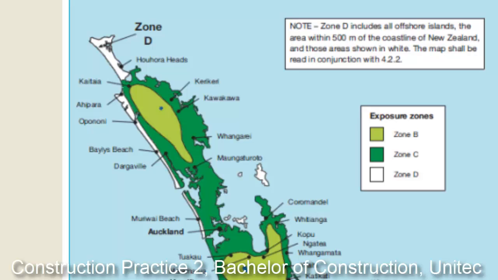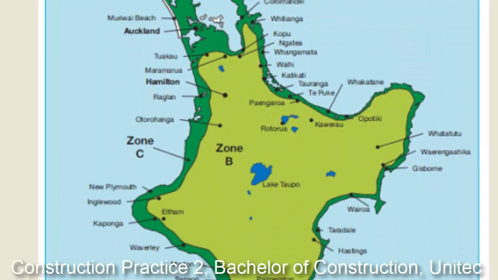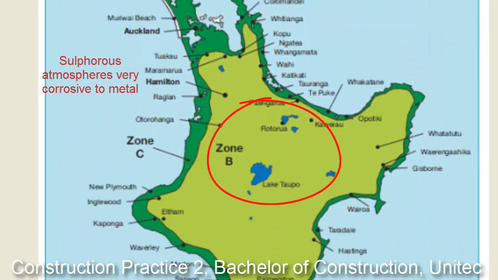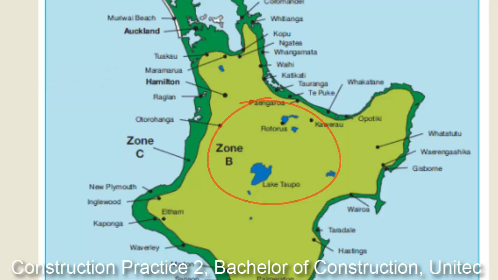So the white zone is the most severe, and as you get further inland the zones become less severe, except for these geothermal areas where there is quite a high corrosive component due to the sulphur. So we're talking about areas like Rotorua and Taupo.